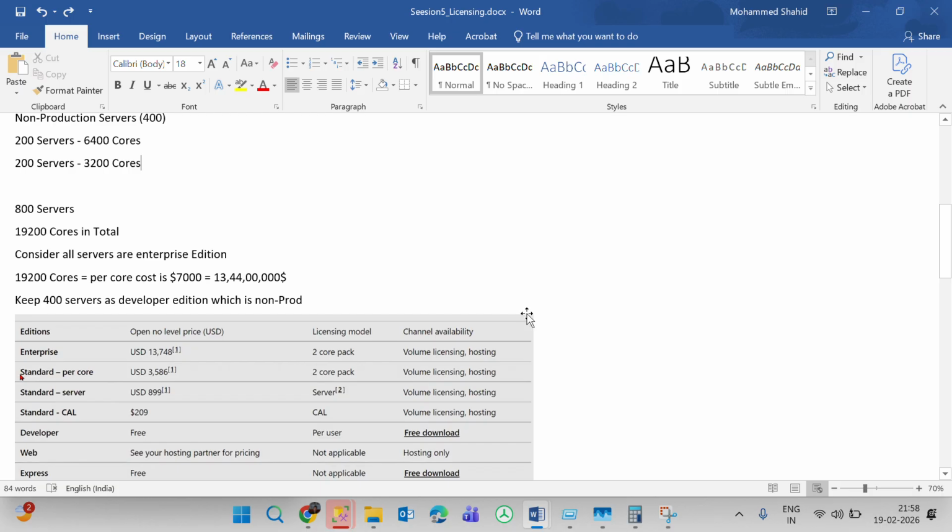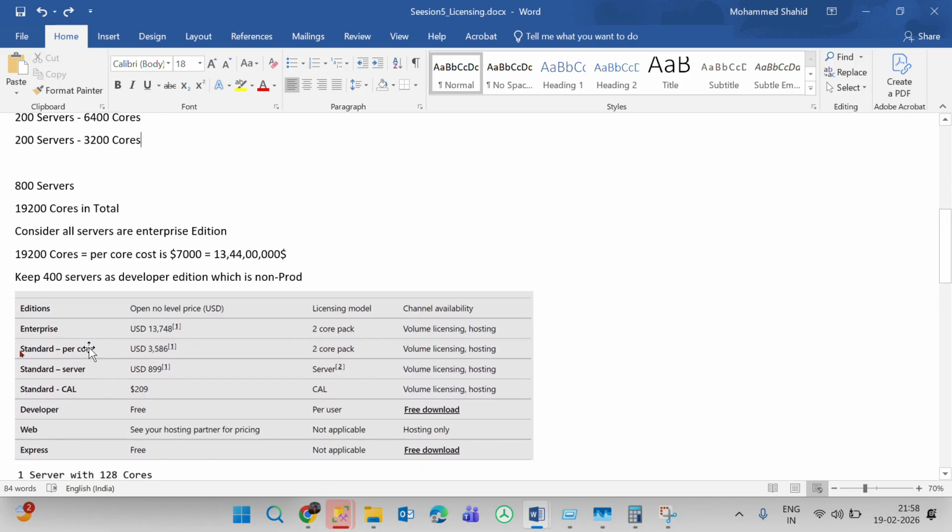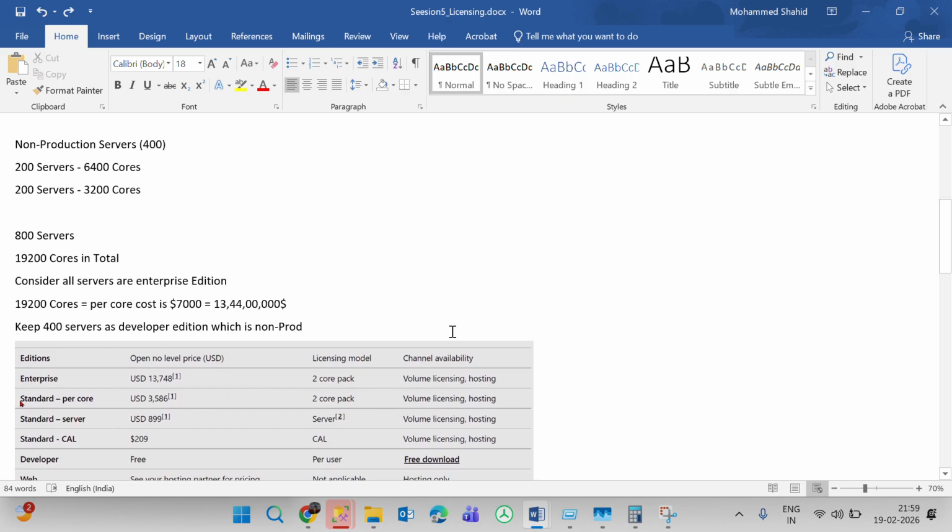So enterprise edition costs more. As I told, it is around 14,000 for a two-core pack of enterprise edition, and standard costs around 3,700 for a two-core pack, as I already discussed.